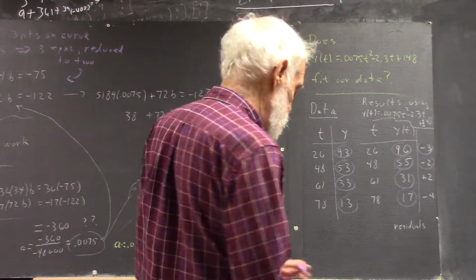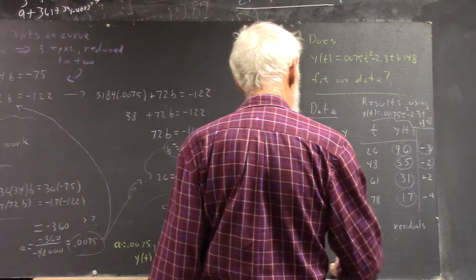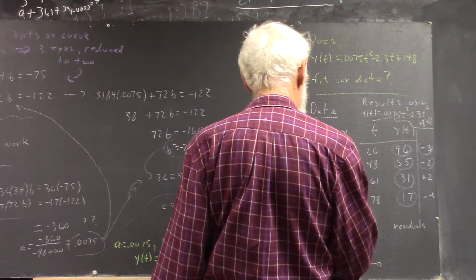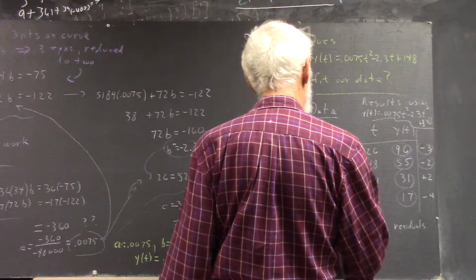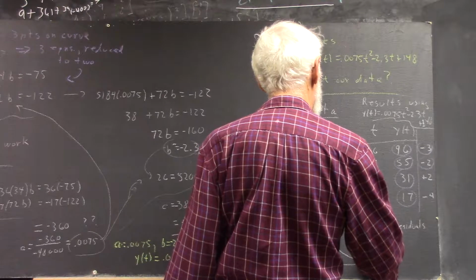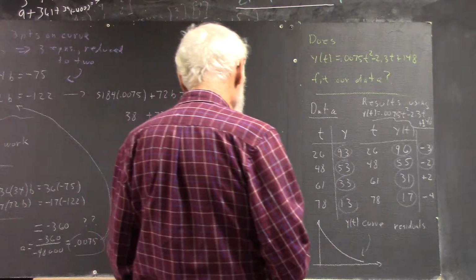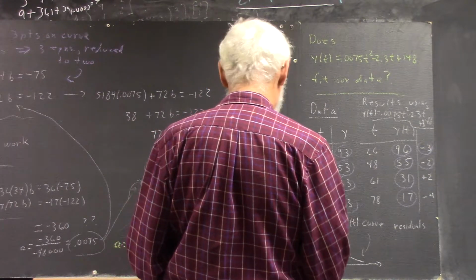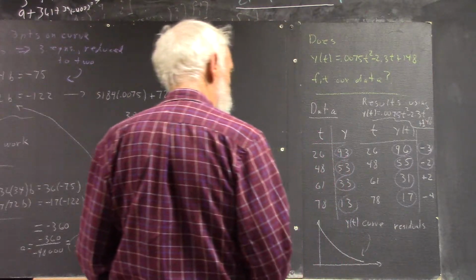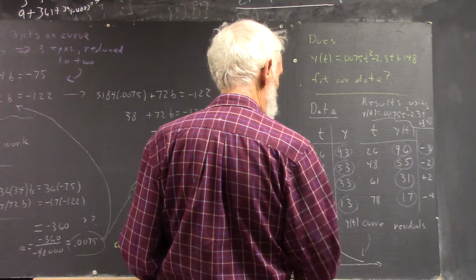Okay? And the way this looks then, here's our y of t curve. And here are our data points. 26 and 93 might be here, just a little low.